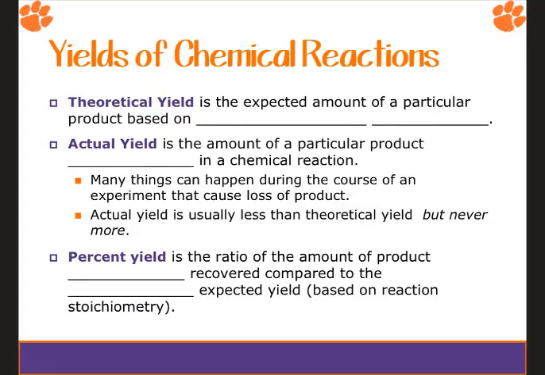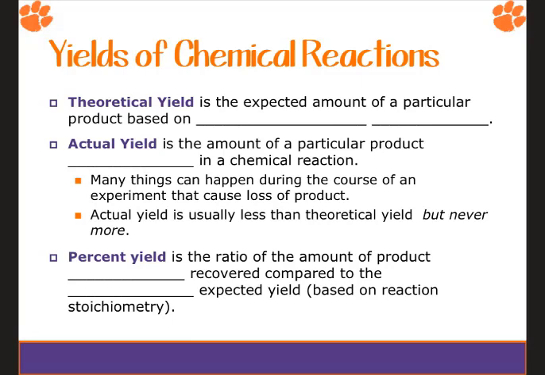So when you start talking about how much product you can produce, there's a couple different ways that we can refer to these yields of chemical reactions. The first of which is the theoretical yield. So this is how much you are supposed to make in the reaction, right?